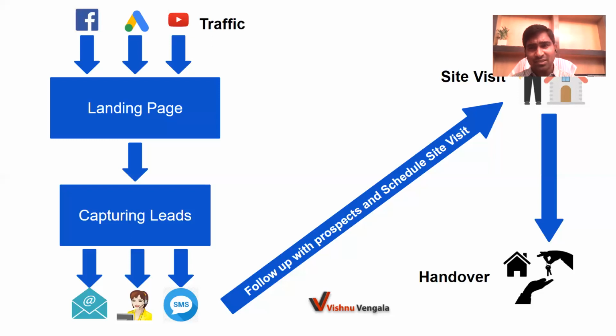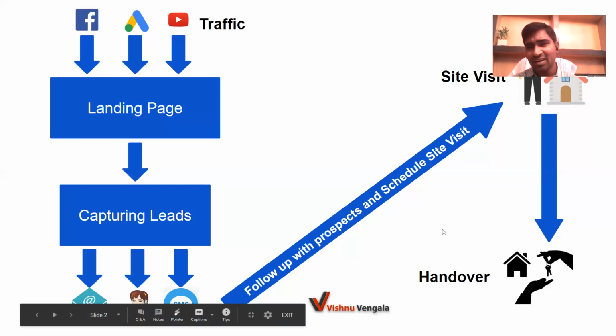When these potential customers come to the site visit, your sales team will persuade them by explaining the complete project and make the sales. That's how this real estate funnel works.